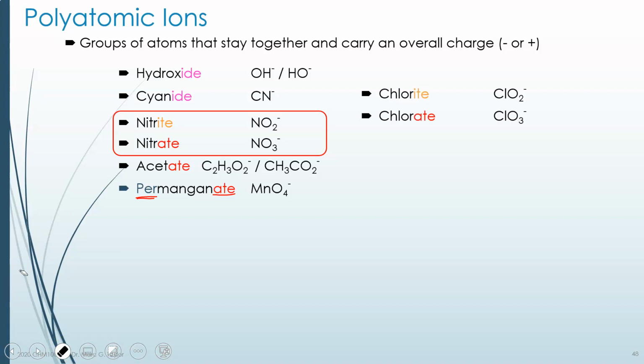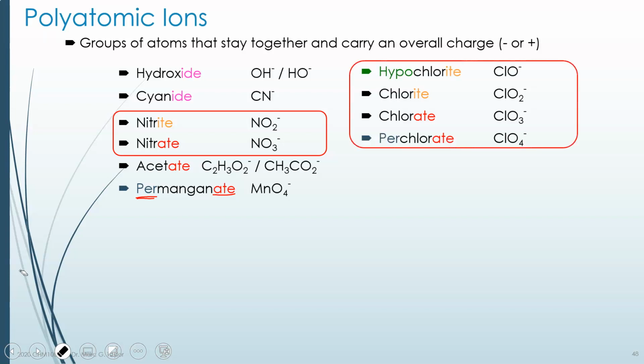Chlorite and chlorate, so one has only 2 oxygens and one has 3 oxygens. But when we have 4 different versions, we name the one that has even more oxygens. We still say "ate," as I just did with permanganate, and we say per to tell you it's even more than the regular chlorate. So this would be 1 oxygen here, 2 here, 3 here, and 4 for this one.